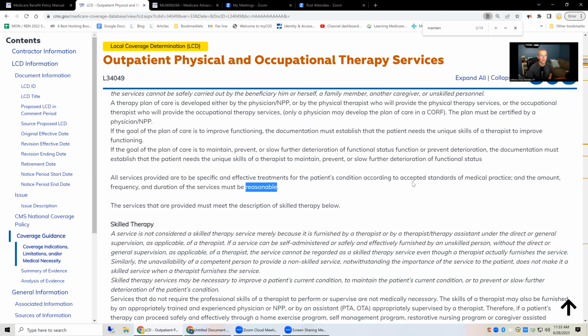Reasonable is an important word in this paragraph because what is reasonable? How do you define reasonable? Reasonable for what kind of person? Reasonable based on standards of care. And so you're comparing your plan of care to 1,000 other plans of care established by other therapists who may or may not be as diligent as you, as impactful as you, as compassionate as you.